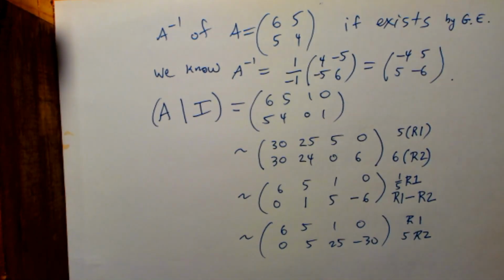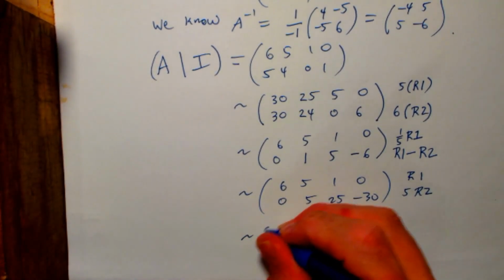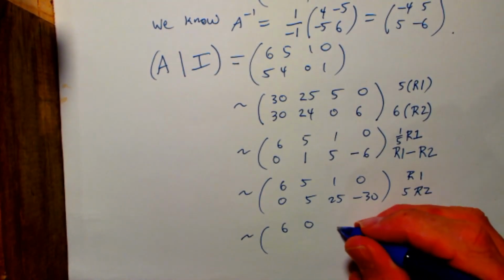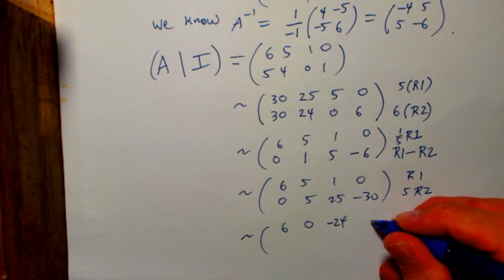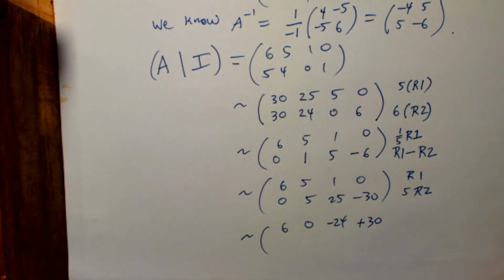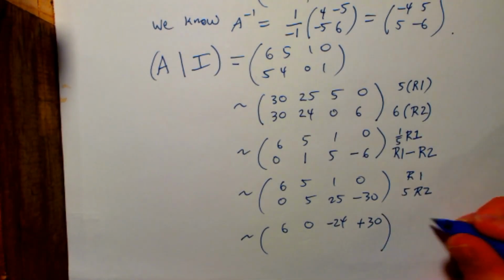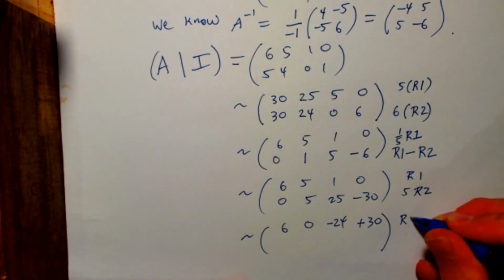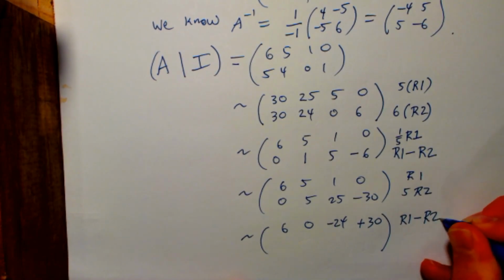So now it's ready to subtract. So 6, 0, minus 24, and that's plus 30, isn't it? Minus 30. And this is row 1 minus row 2.